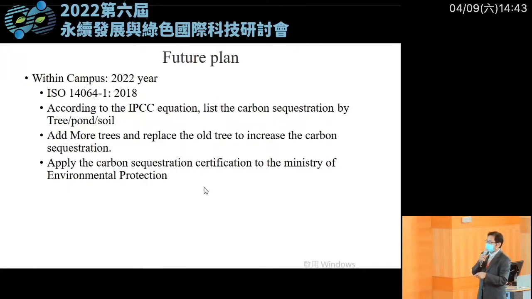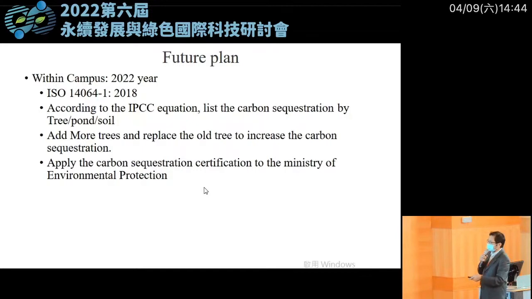We are using this equation to check all the carbon sequestration and write down all the report on this certification. The second plan is that we will add more trees and replace old trees to increase the carbon sequestration.